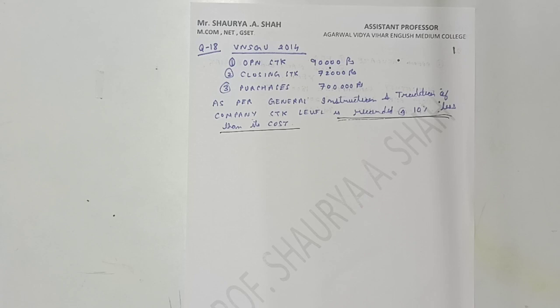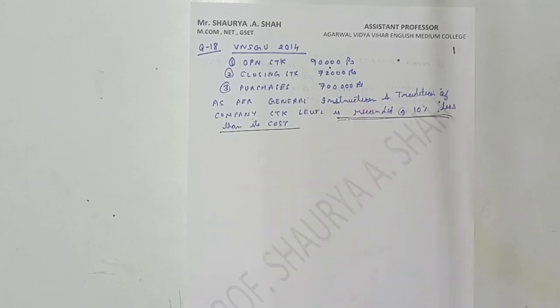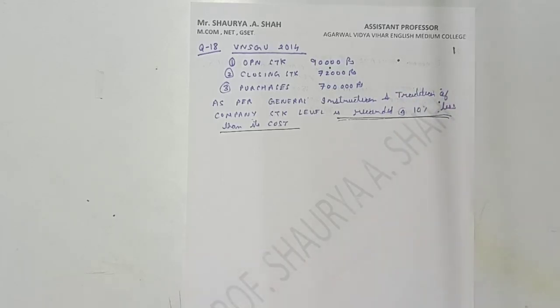So the amounts you have for opening and closing stock are 10% less. Remember always, purchases can never be less. Always keep the concept clear in mind. Purchases we directly buy from another person, so the value remains the same. But for opening stock and closing stock, some companies have a policy to show them less or more.